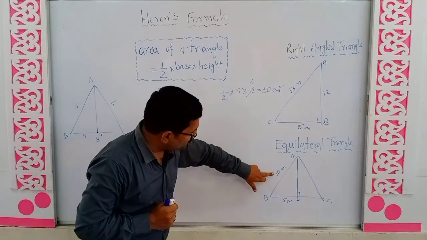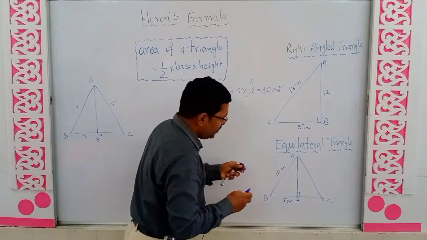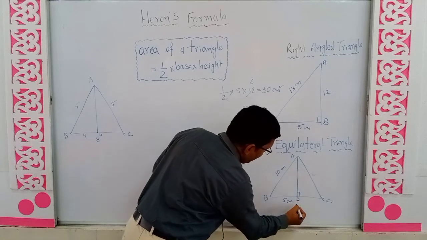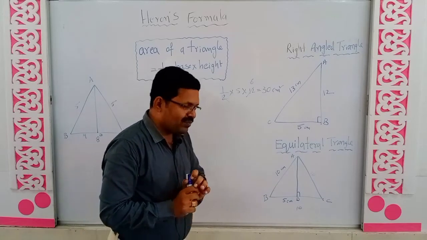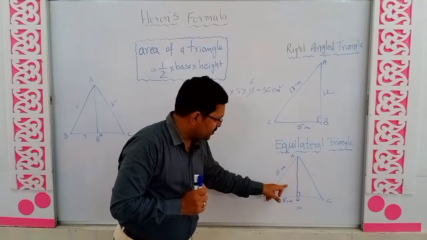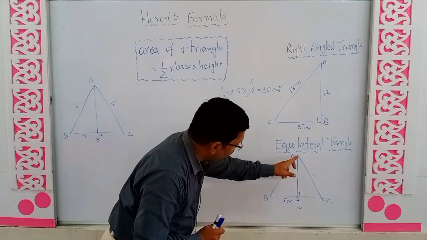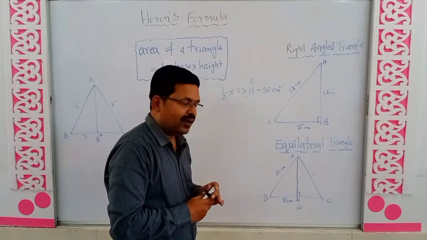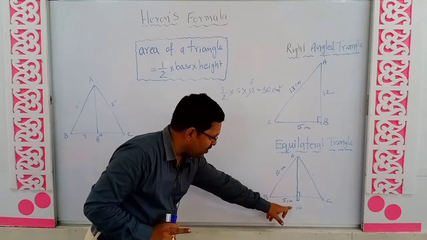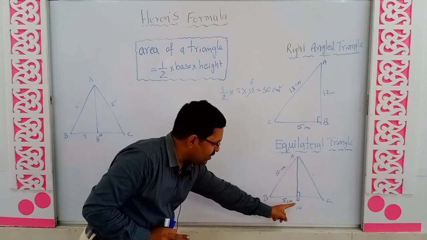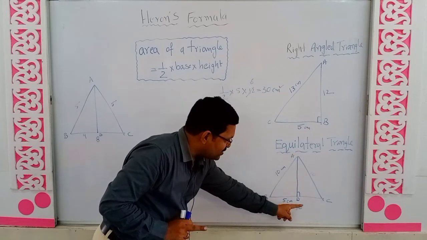Let me take you to another triangle, the equilateral triangle. In an equilateral triangle all the sides are equal. So this side is 10, this side also is 10 and this side also is 10. Then how are we going to find the area of this equilateral triangle? Okay, we draw a perpendicular. Since it is an equilateral triangle, when you draw a perpendicular to one of the sides, this perpendicular will bisect the angle as well as bisect the base.